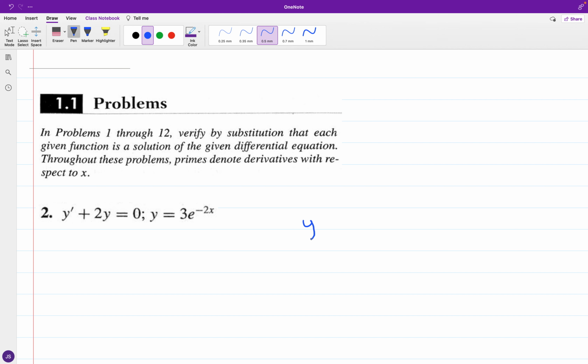And so we have y is equal to 3 times e to the negative 2x. And that will be used to substitute for the y into y. And as for y prime, again this is in reference to the change in y with respect to that in x.